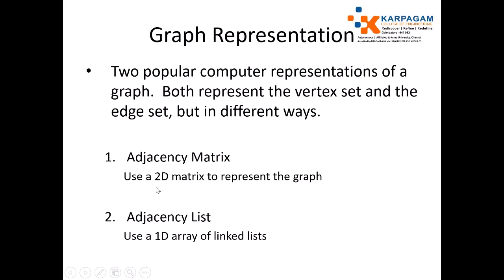We can use a two-dimensional matrix to represent the graph. The second way of representation is the adjacency list. By using a one-dimensional array of linked lists, we can represent a graph. The first one uses an array, the second uses linked lists. These are the ways of representing the graph in memory.